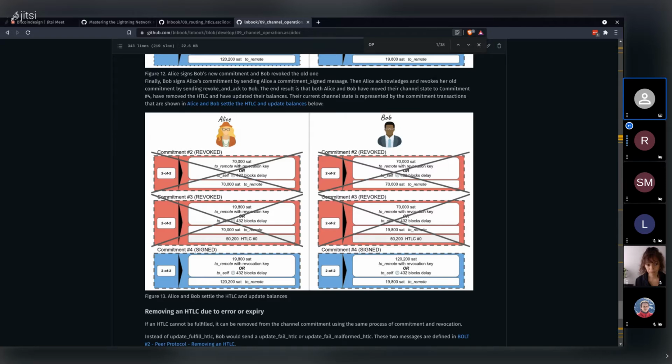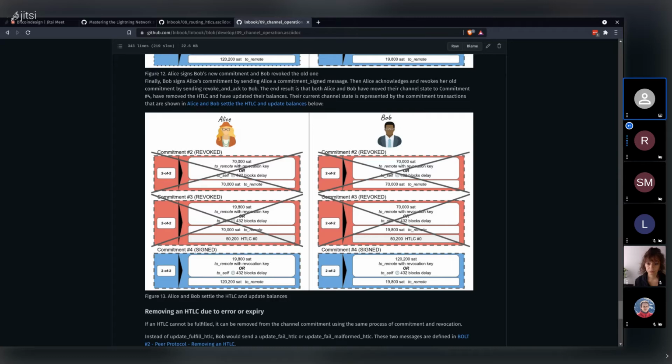The HTLC says the amount goes back to me, or it goes forward to the away side, and the script that determines how it comes back to me and how it goes to the away side is opposite. If the away side looks at it, for him, the same script that goes to me is the same script that goes to him, and his away side now looks like my away side, and kind of like that.